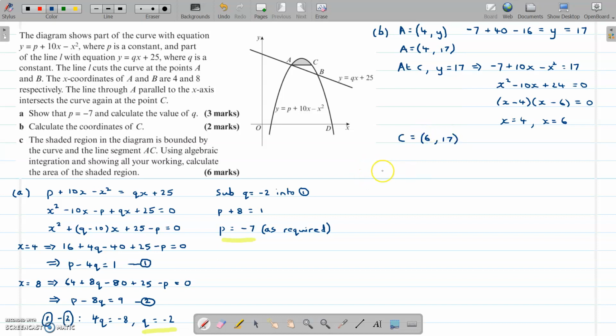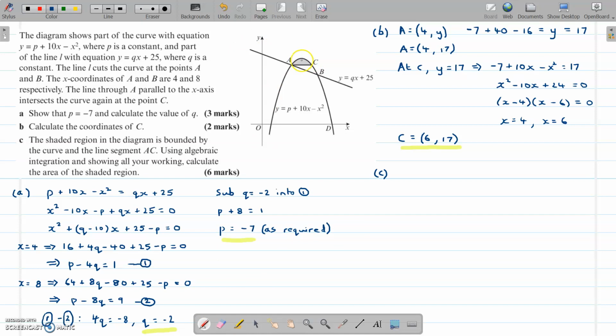Now for part C of the question, I'll just highlight that. We have to use the information we've gathered so far, and by using algebraic integration, find the area in that shaded region there.